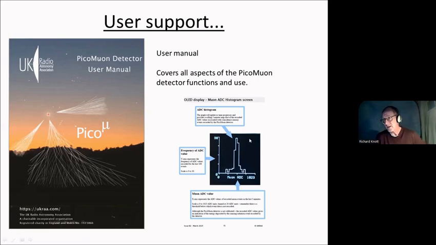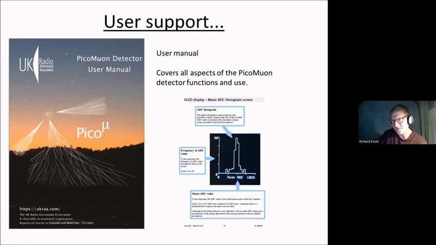And here we can see the graphical display on the right-hand side of the last 1,000 muons that we detected and what their actual ADC values are. The Pico has an ADC that will go from 0 to 4096.